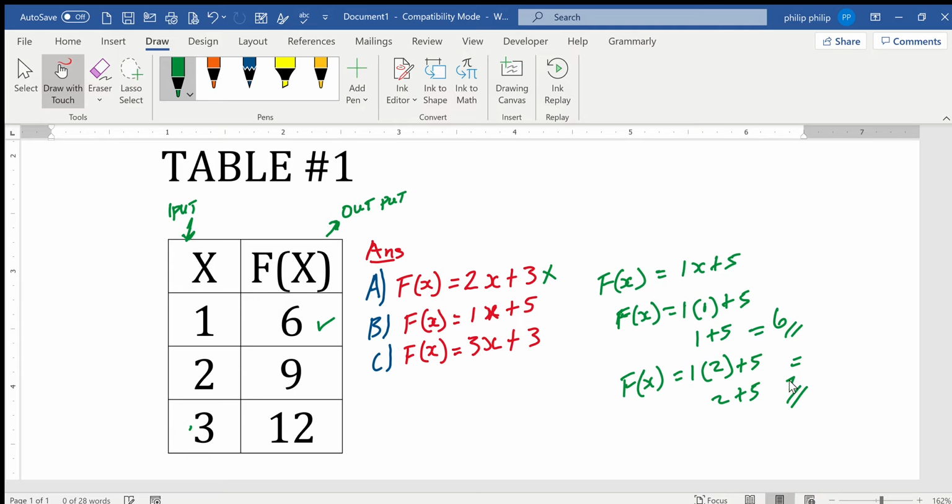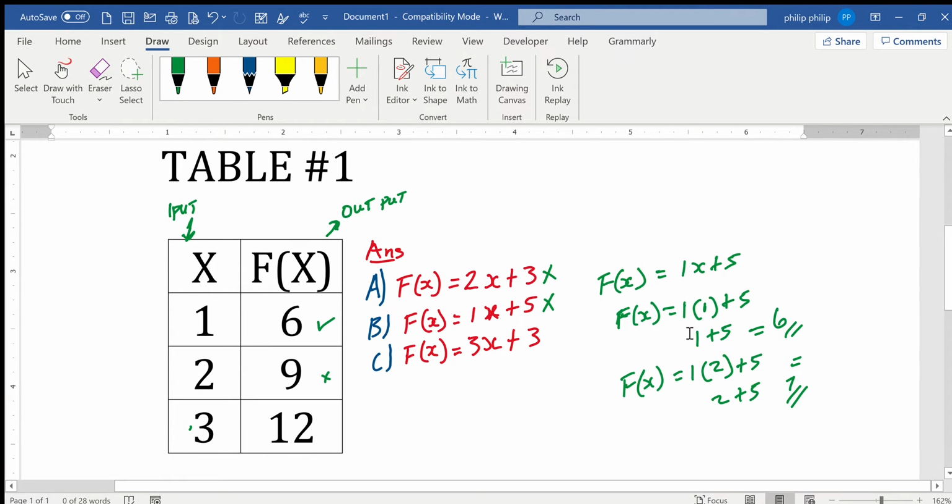That means it satisfies the first one, but it doesn't satisfy this one. So not equal to that one. So that means this equation is not what we're looking for. This function is not what we're looking for. Alright, so let's take these ones out.